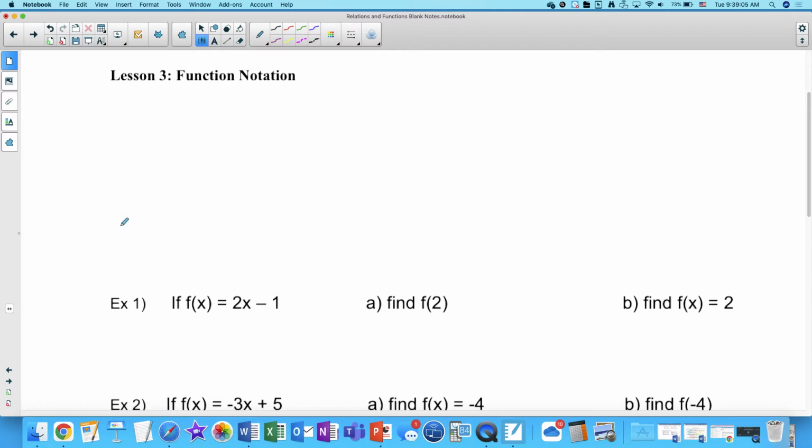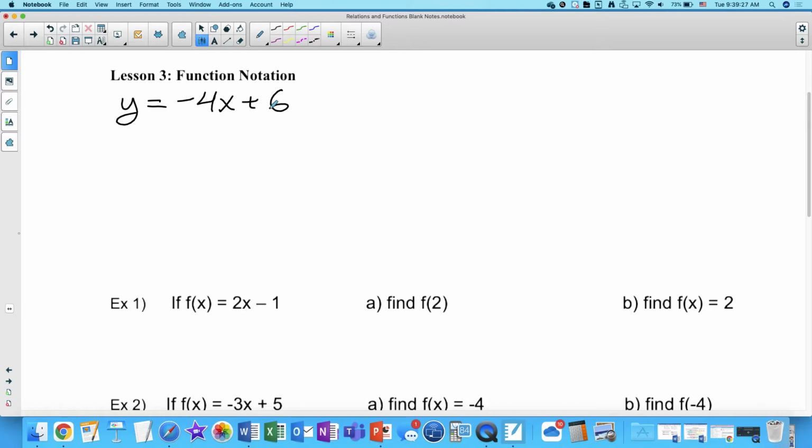So let's look at a normal sort of equation that we might have. We might have something like y equals negative 4x plus 6. I think that's the one that we looked at from last class at the very beginning. This is something that does not use function notation. We have these 2 variables, x and y.